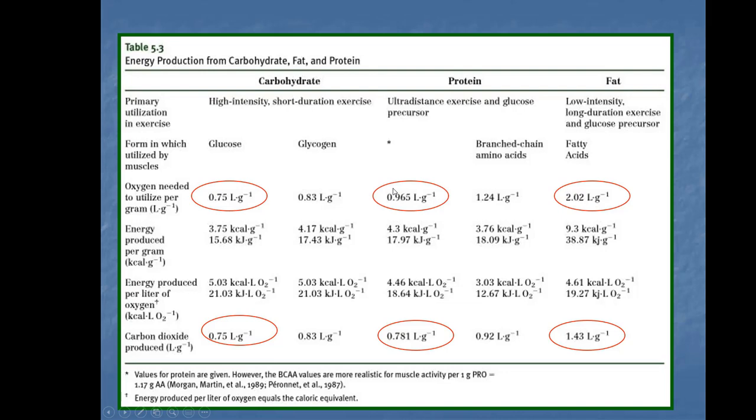So if we see an RQ of around 0.8, generally what that means is we're using a mix of fat and carbohydrate versus mostly protein. So you've got to keep some common sense about this too. Just because it may spit out an RQ of 0.82, it doesn't mean you're using 100% protein. Realistically what's going on is just a mix of carbohydrate and fat.